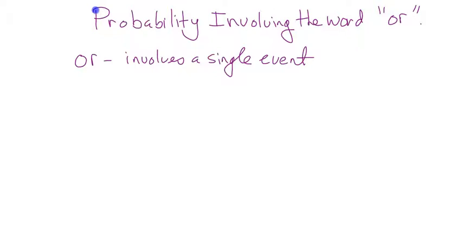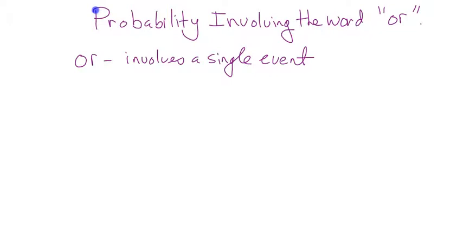And probabilities involve two different things, right? I roll a die and I flip a coin. Or probability involves you doing one thing. I roll a die and I want to know if it's odd or greater than 5. That's a single event. Or probabilities involve a single event.